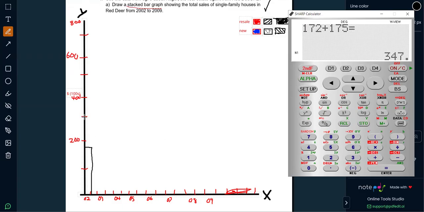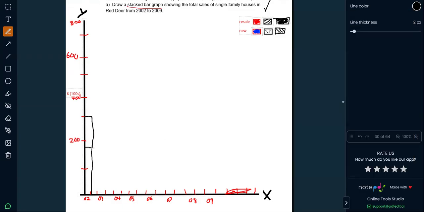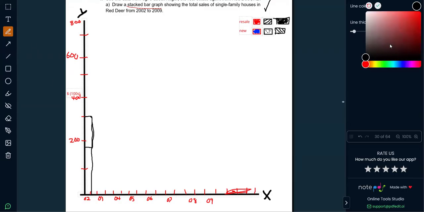So now I need to go up to 347, which is about right here. And this is the total amount it goes up. And I'm going to use red and blue here. So I've said my new homes are blue. That's this stuff here. You know, imagine I'm shading it better than I am.